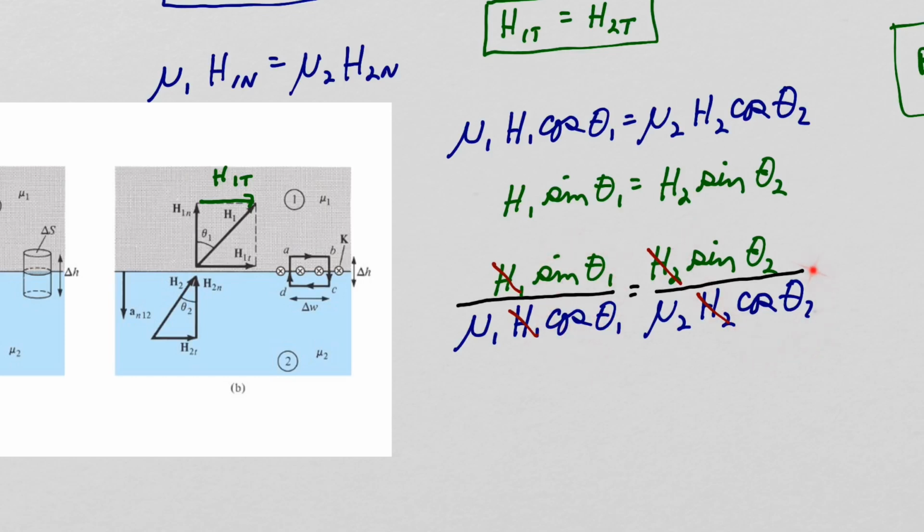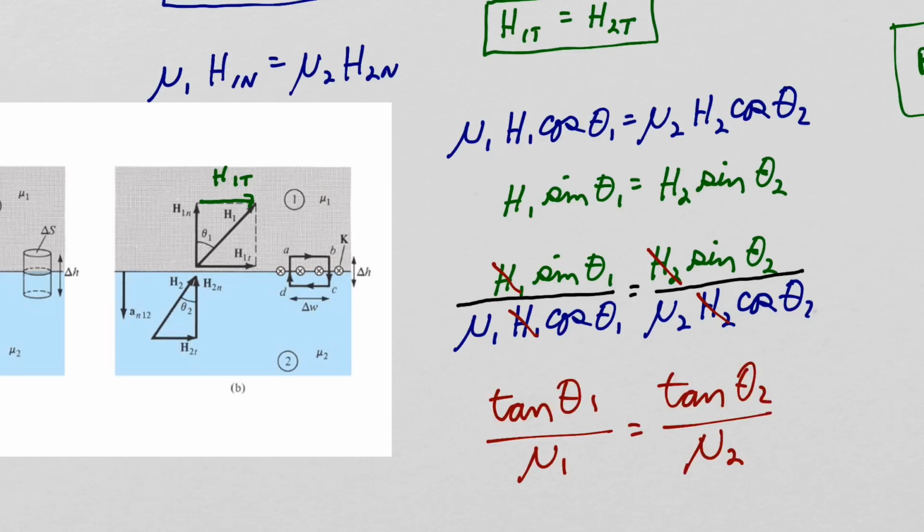We get a relationship between the angles of the magnetic fields on the two sides of the boundary and the absolute permeabilities of the two materials. This equation gives us the refraction condition for the magnetic fields across the boundary.